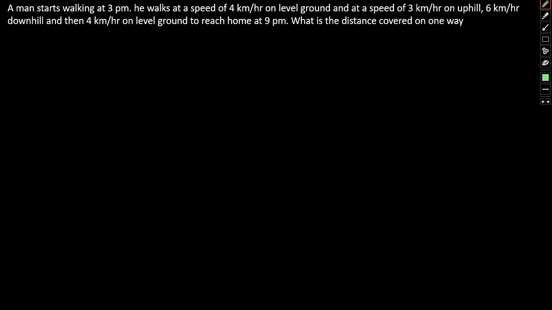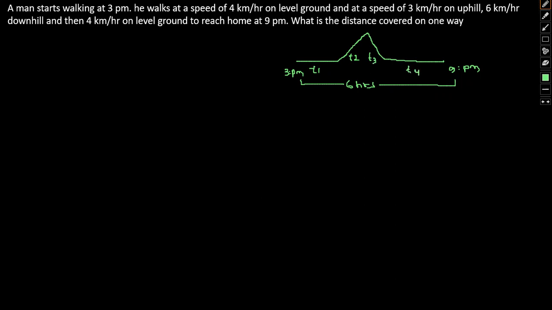Okay, so basically if we talk about the trajectory of the same, this is how the person goes. Here he starts at 3 p.m., and say this is his home. He reaches at 9 p.m., so he basically travels for 6 hours. Say he travels for time t1 here, time t2 here, time t3 here, and time t4 here.